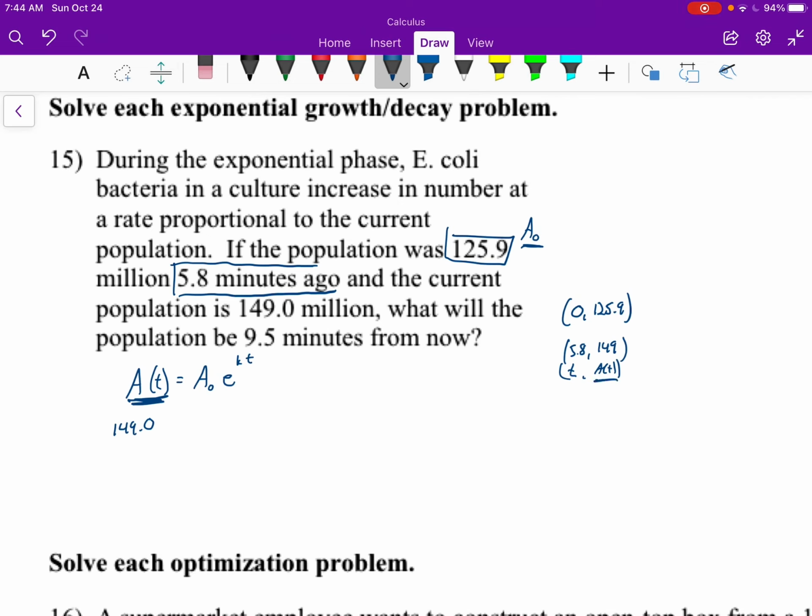So that's what we're putting in here, equals our initial amount, which was the 125.9, e to the k times t. That's this 5.8. And then we can solve for k. Well, in order to solve for k, we're going to go ahead and divide both sides by the 125.9.